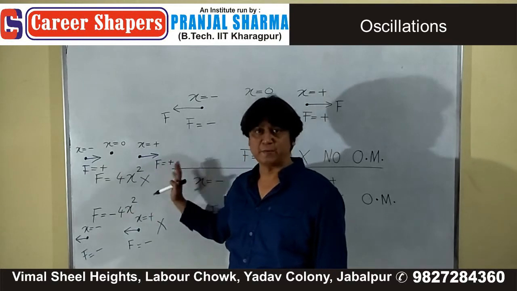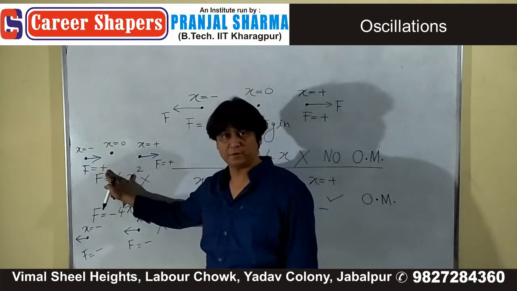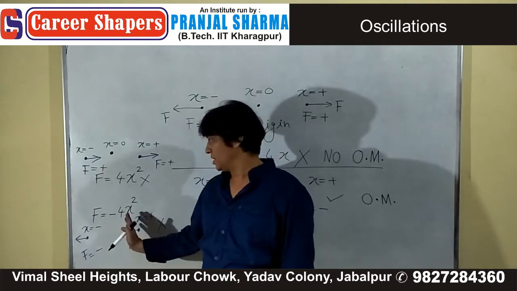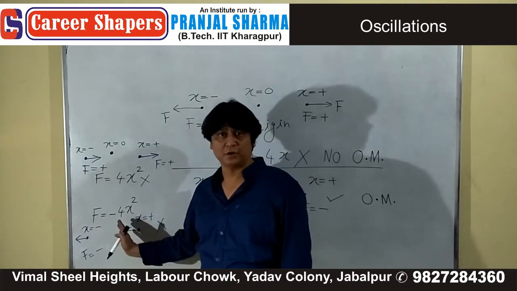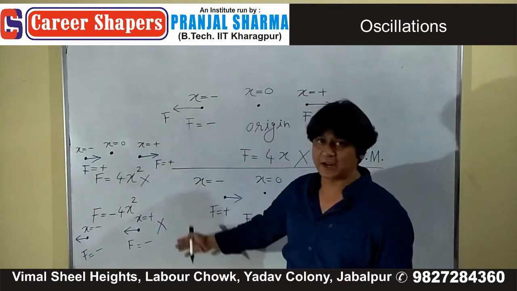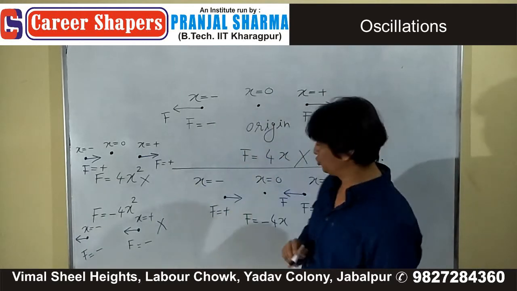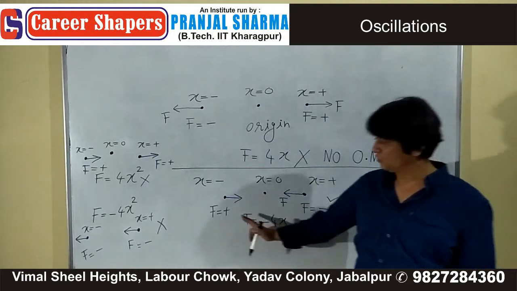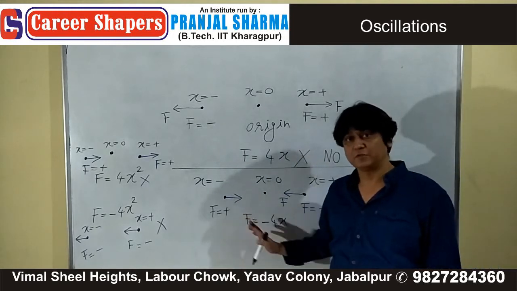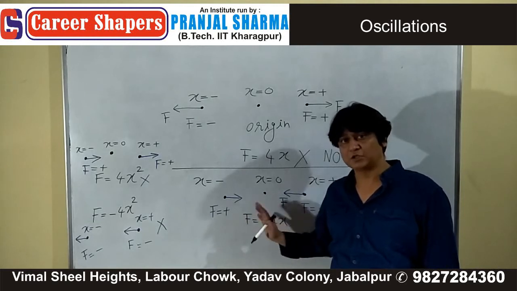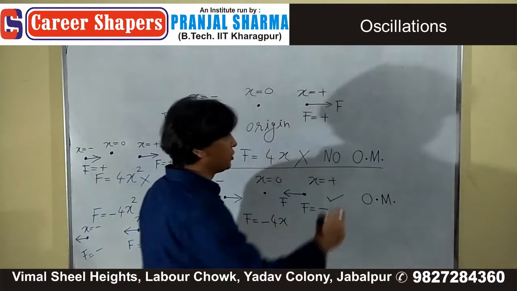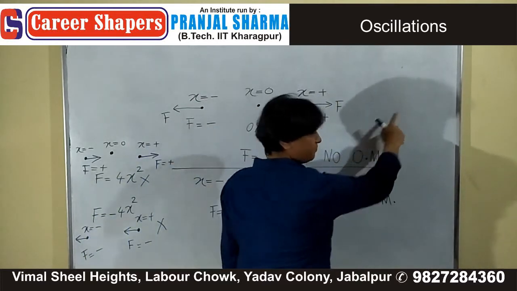If force remains of same type about both sides of the origin, then you do not see any oscillatory motion. Whereas in this case, you saw that force is negative, force is positive. This is the oscillatory motion.